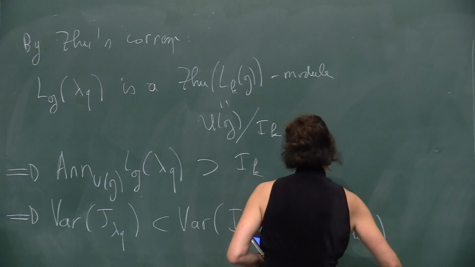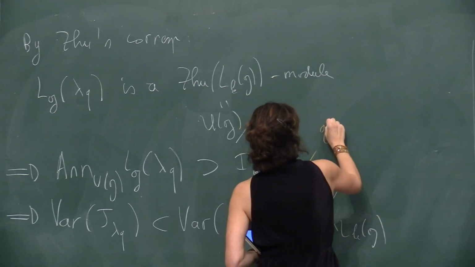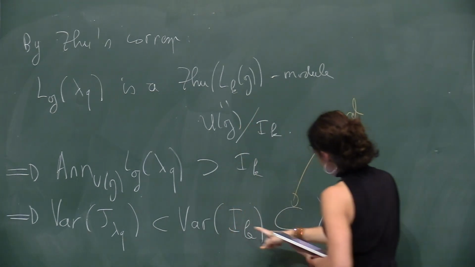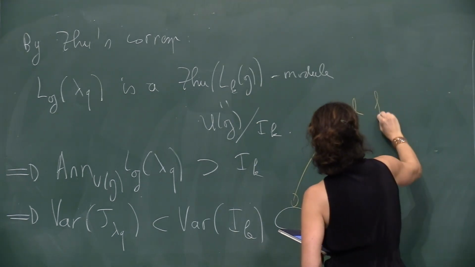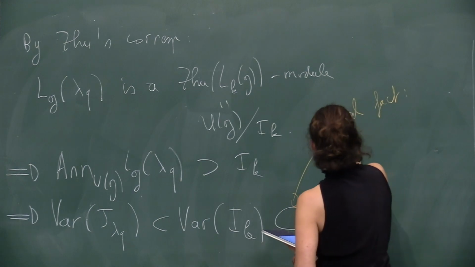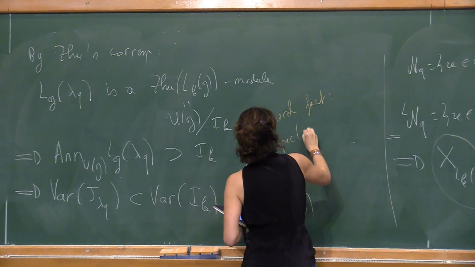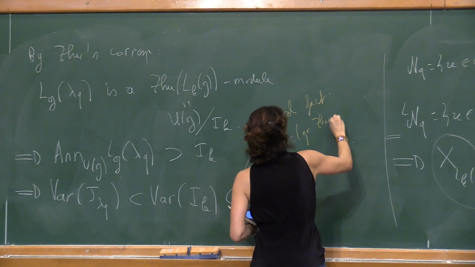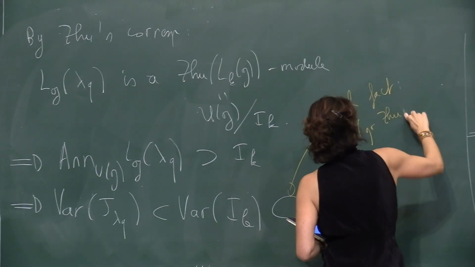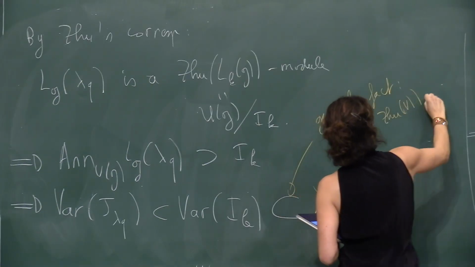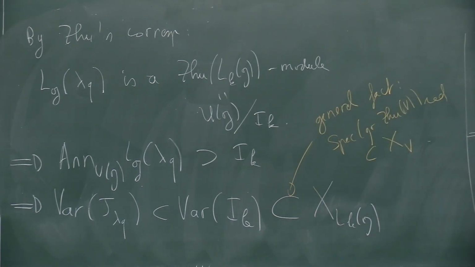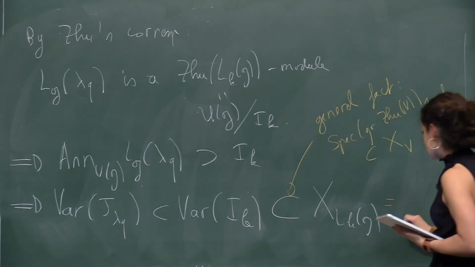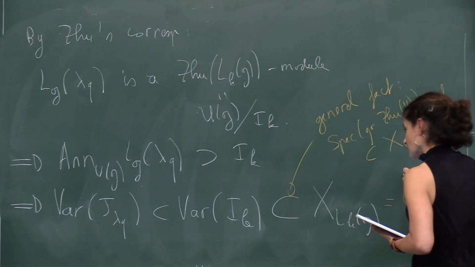So this is a general fact. And actually here, because K is admissible, it is equal, but we don't really care for the moment. That Spec of gr Zhu of V, as a reduced scheme, is contained in X_V. Okay. And this is precisely our variety, the closure of Q.